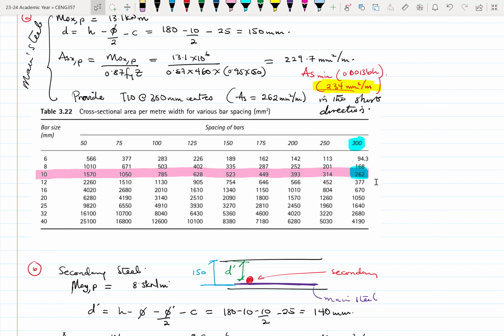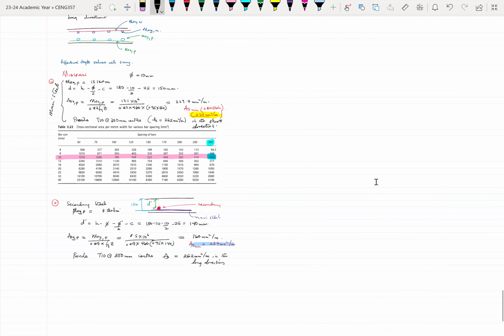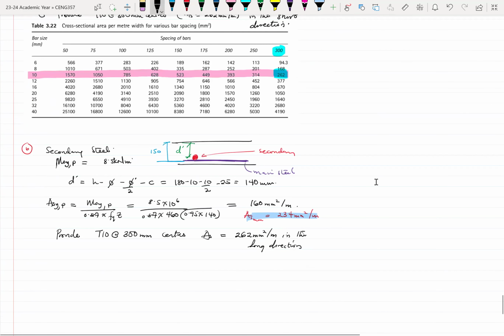So now we've done the mid span. The next is to look at the supports.